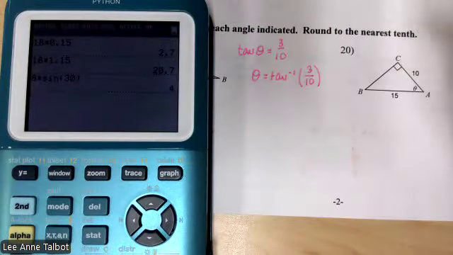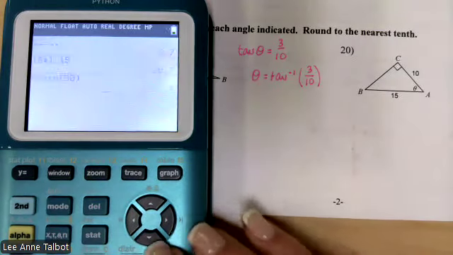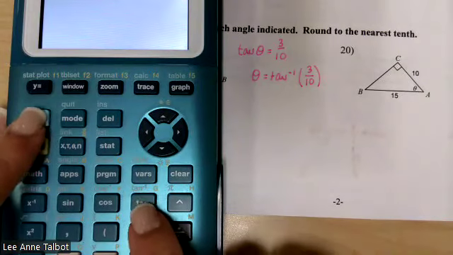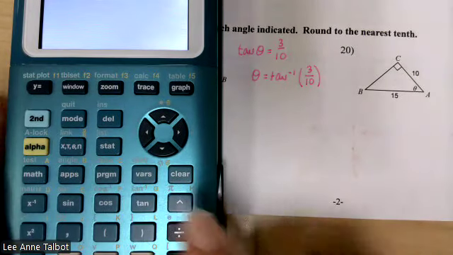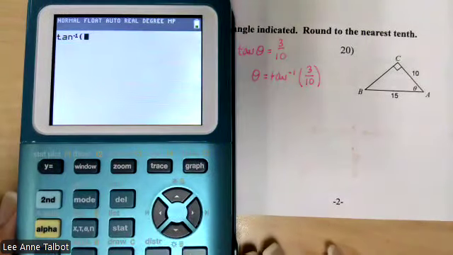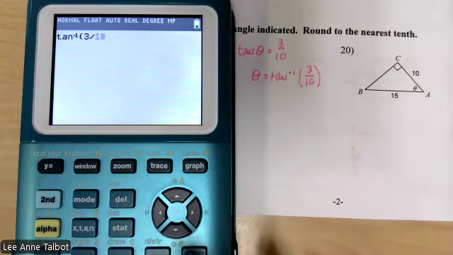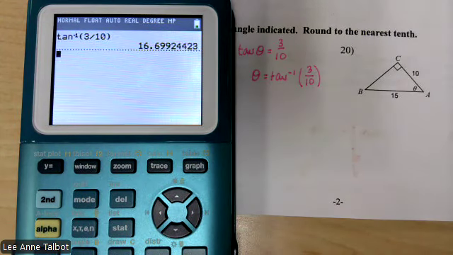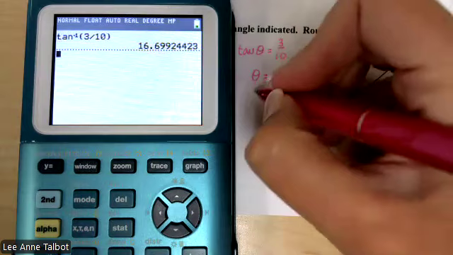Don't say it. Okay. Now to get to tan inverse, you have to hit second tan. 3 over 10. Second tan gets you tan inverse. 16.7 degrees.